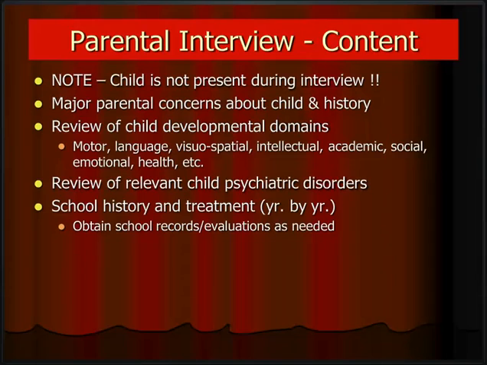Finally, I think it helps to provide a timeline for the parents that may help in their reports about other problems the child might have. And then, of course, if the child has received any services at school, the clinician would want to obtain a release of information from the parents to get those evaluations.